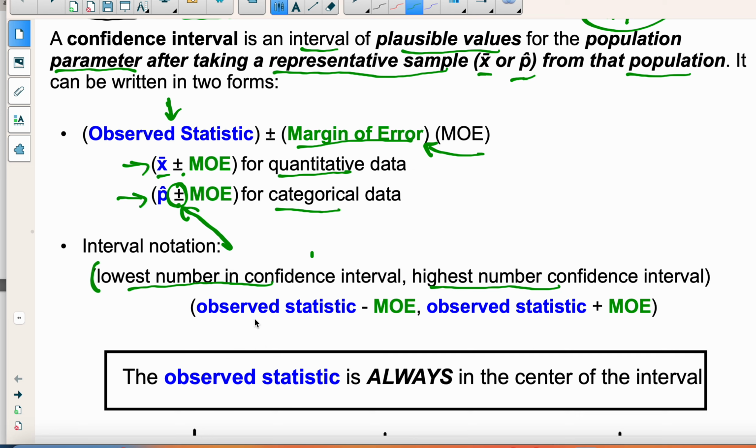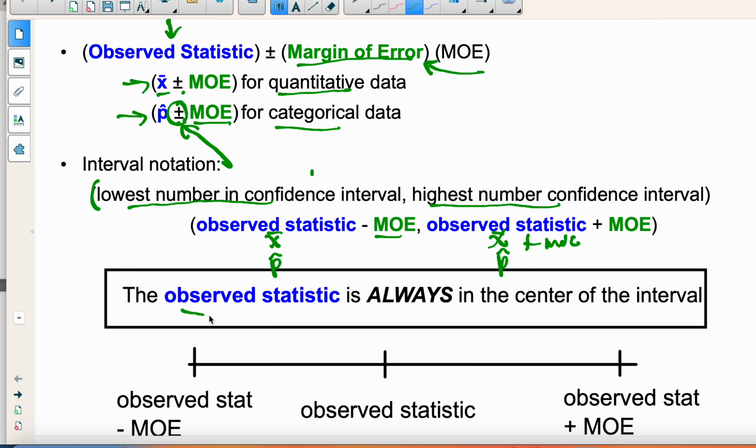We take our observed statistic, either our x bar or our p hat, and for the lower end, we subtract the margin of error. For the upper end, we take our x bar or our p hat and we add the margin of error to it. So we're just doing that plus or minus. So the observed statistic is always in the center of the interval.